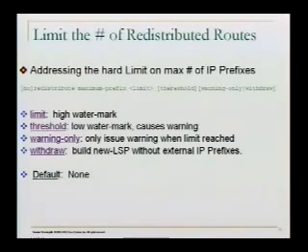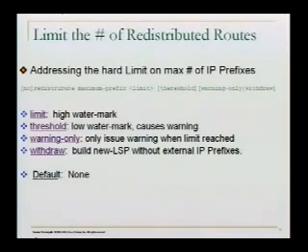So you have a command to control this, which is redistribute maximum-prefix, and you put a limit, a threshold, a warning, and a withdraw. The limit is the high water mark, which is the upper limit.